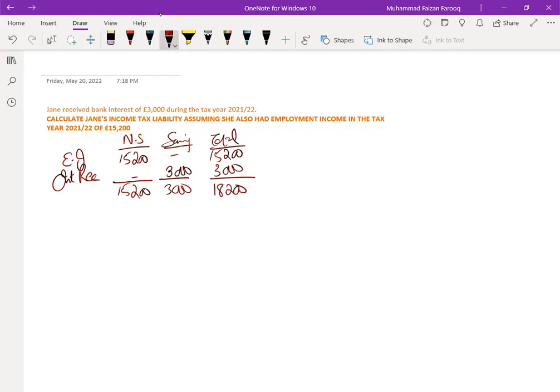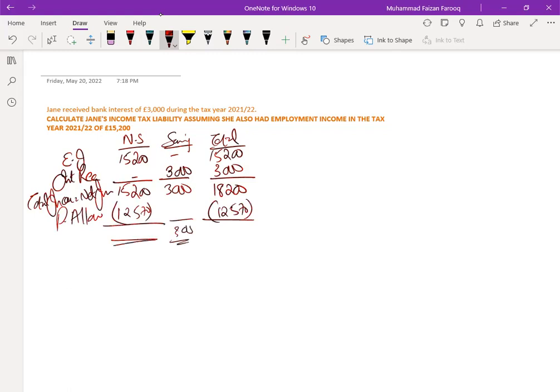Do we have any qualifying interest? No, so this is the net income. Personal allowance is how much? 12,570. So taxable non-saving income is 5,630.